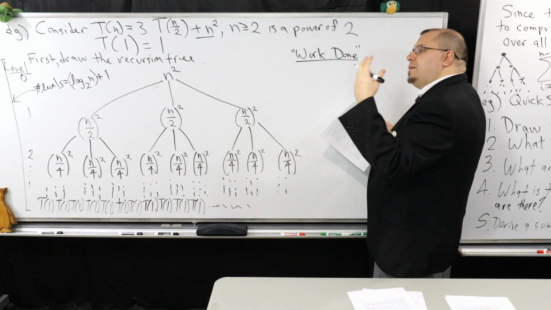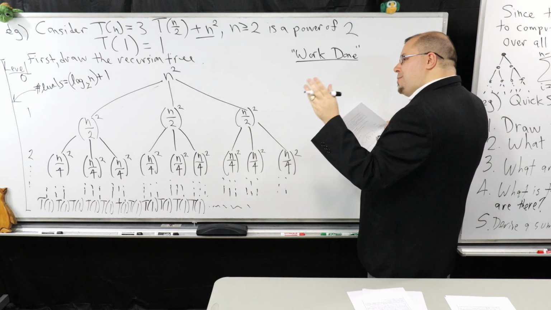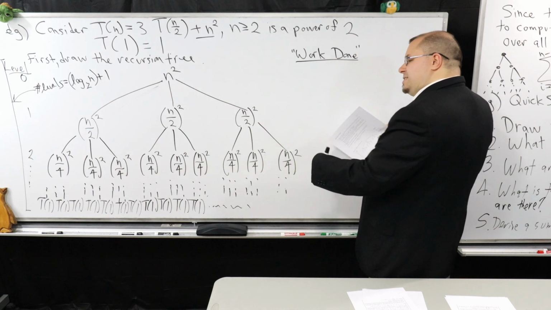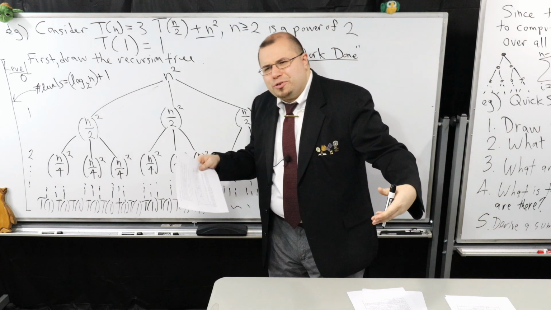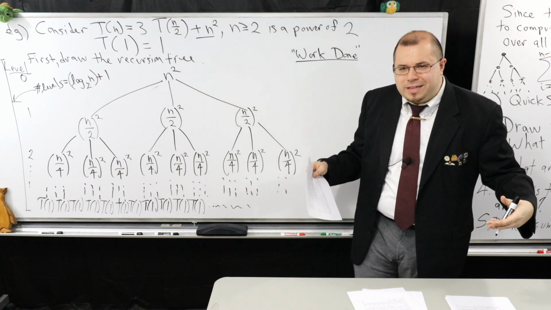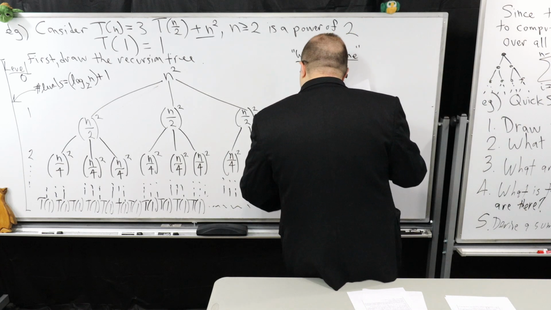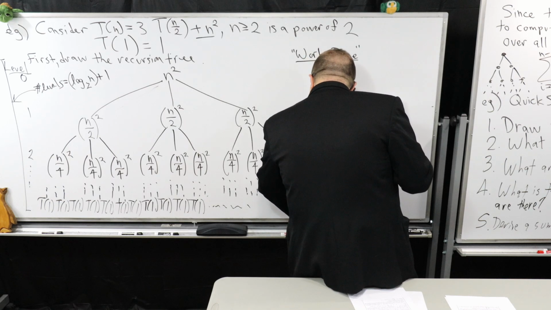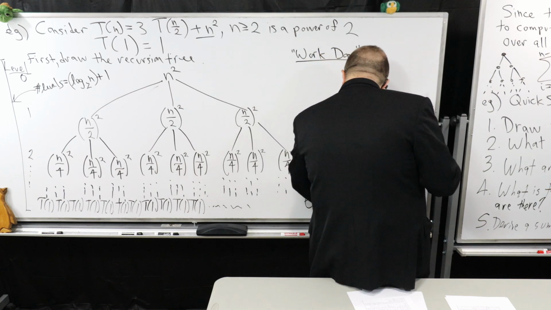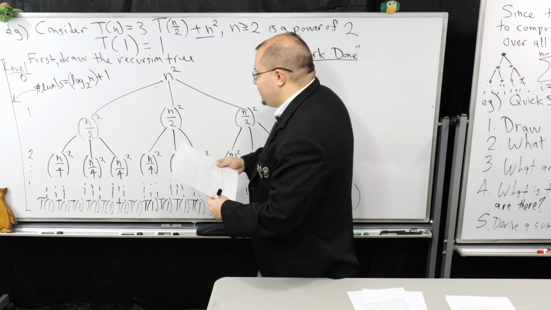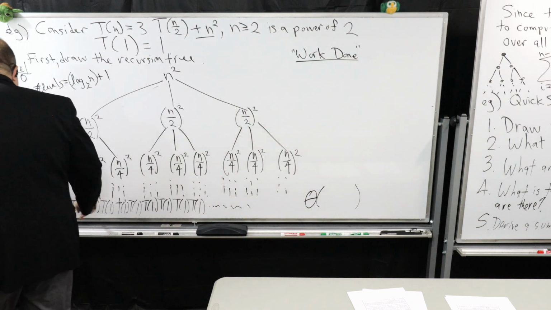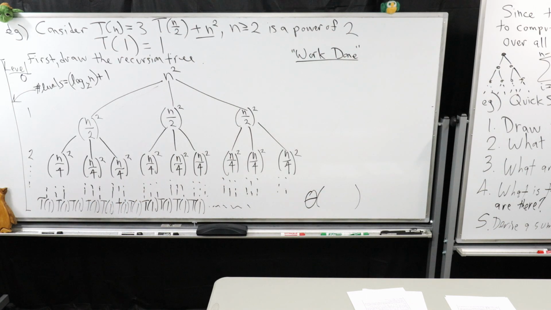Before I go there, I want to first talk about these leaves here, because sometimes it's okay to separate out the leaves and deal with those separately. That makes things a little easier to work with sometimes. So a question I have for you is how many leaves there are. The answer is going to be a little bit strange if you've never seen this before.